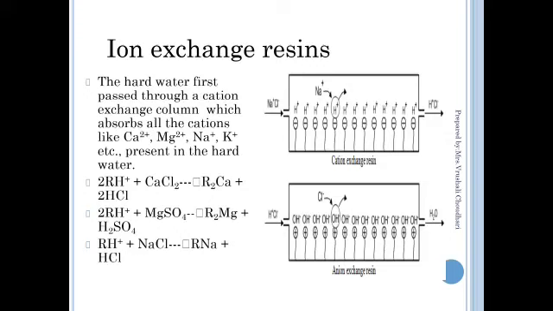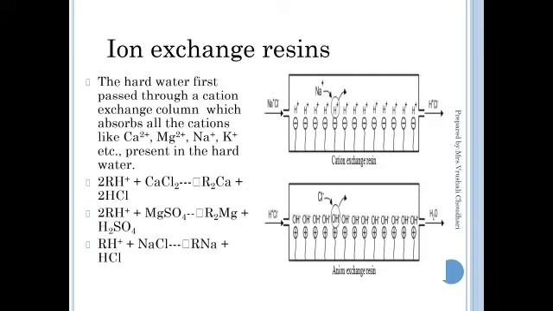What happens in ion exchange resin? When we are passing hard water through the cation exchanger, it replaces positive ions with H plus ions. So in a diagram, you will see there is Na plus Cl minus present in the given water.